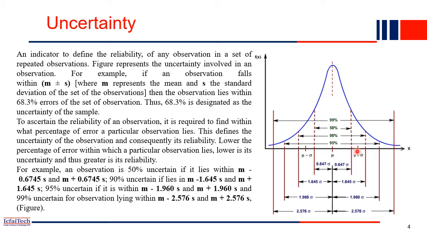If you get another value in this range, then the error is more than 90%, almost 90, less than 95% error. So by drawing this histogram, we can find out the reliability. If you measure a distance on a field, we can tell how reliable the measurement is.